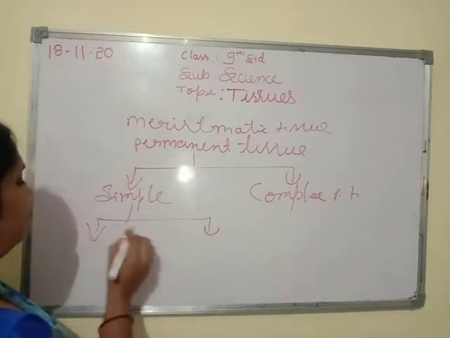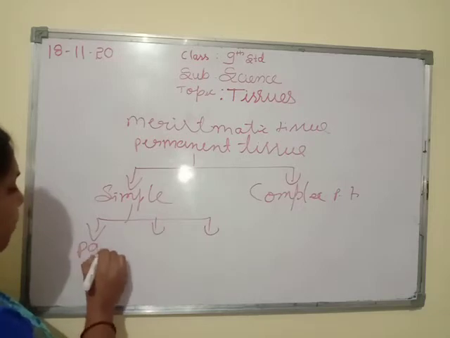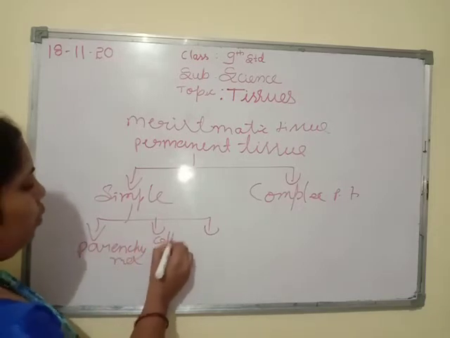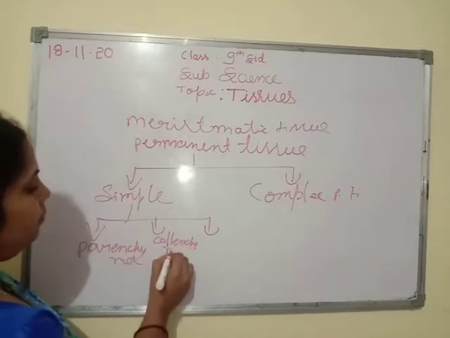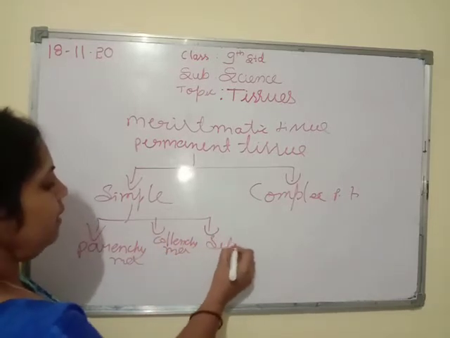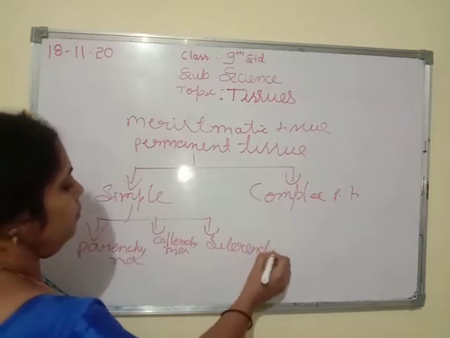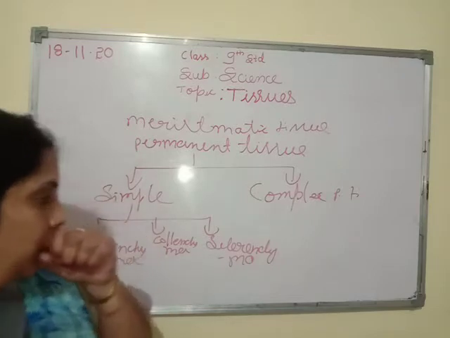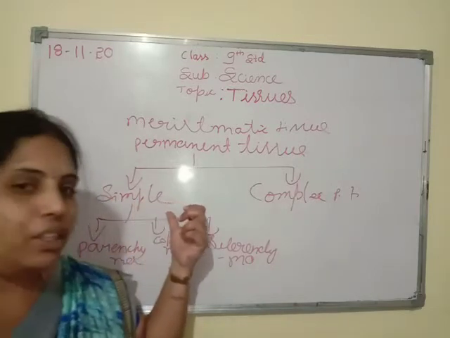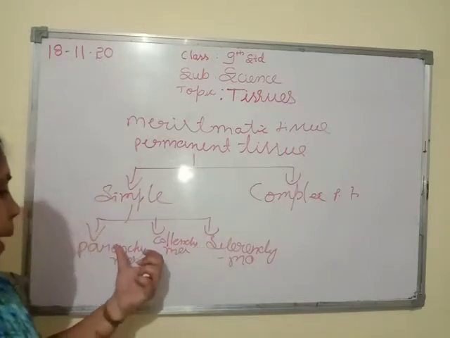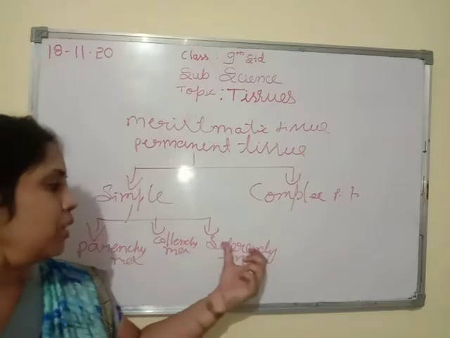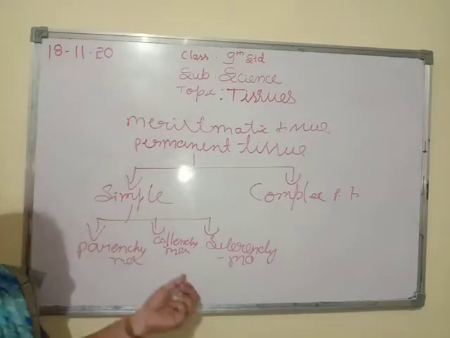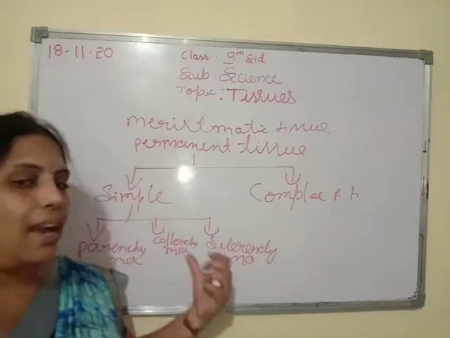They are parenchyma, collenchyma and sclerenchyma. I hope you understand all. So simple permanent tissue is classified into three types: parenchyma tissue, collenchyma tissue and sclerenchyma tissue. Till then we have already studied in our last class.